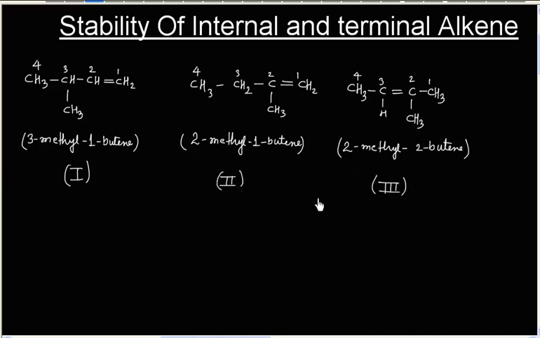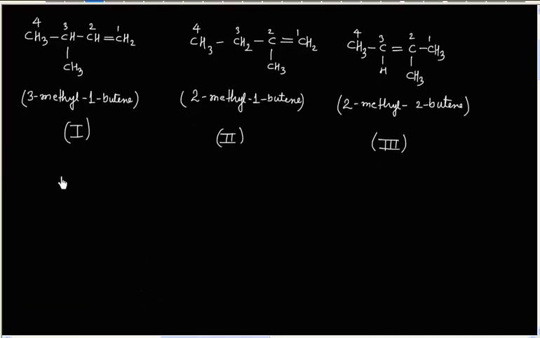These are isomeric alkenes. So 1, 2 and 3 are isomeric alkenes. Now we want to compare the relative stability of these three alkenes.